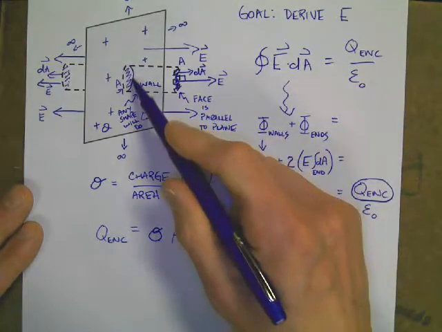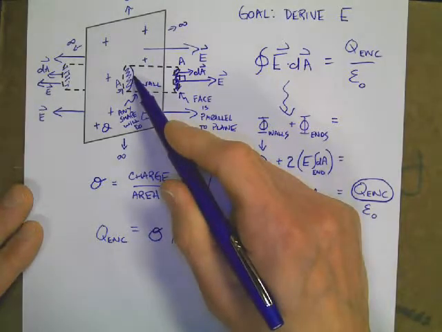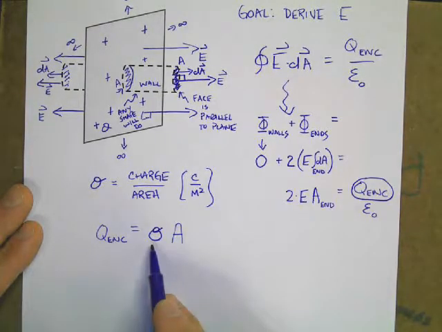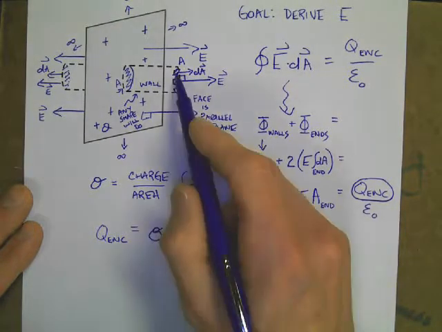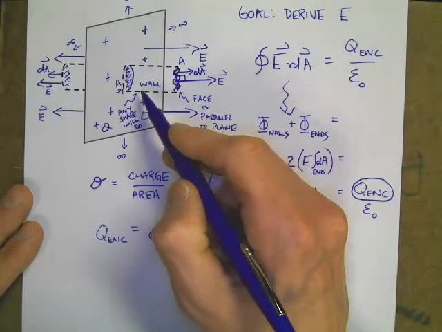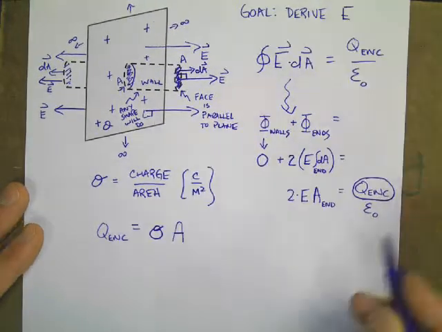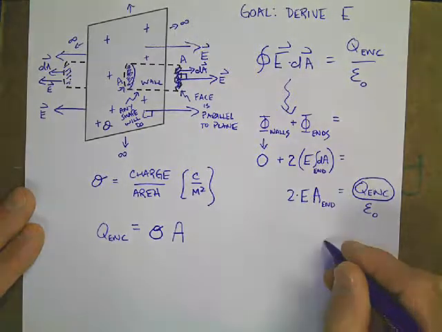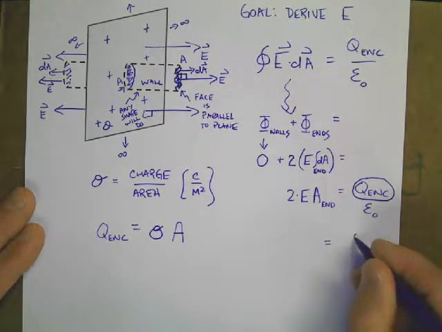And there is a certain amount of charge that's enclosed in that area, and you could calculate it by multiplying the density times that area. So the charge that's enclosed within this Gaussian surface is basically the charge that's enclosed in that little circle there. And so that allows us to do the substitution.